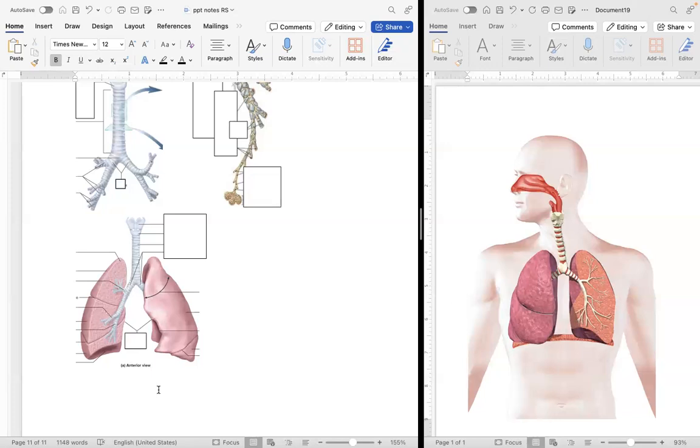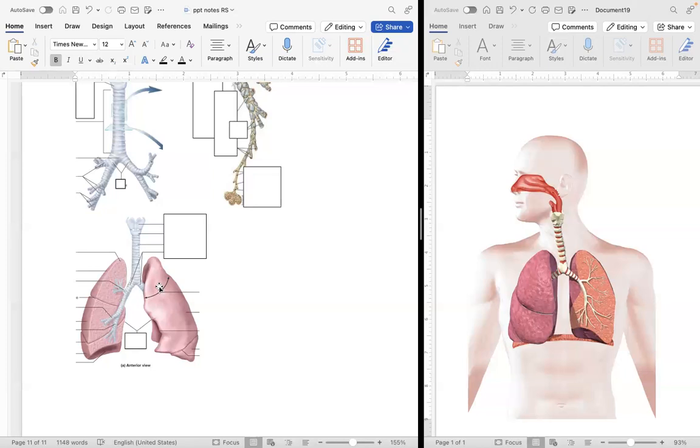So the first surface is called the costal surface, and it's a curved area that faces inside of the rib cage, and it's in direct contact with the intercostal muscles and the ribs. That's why it's named costal surface, because costal stands for the ribs. And this helps to protect the lung and also allows for the expansion and contraction when we are breathing.